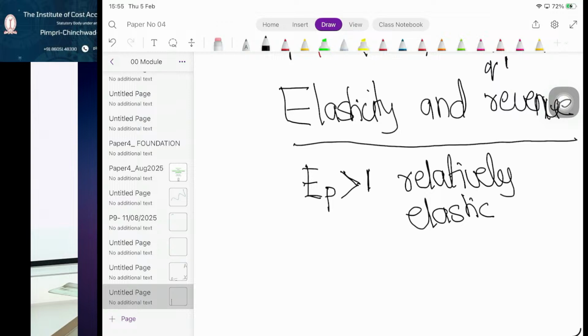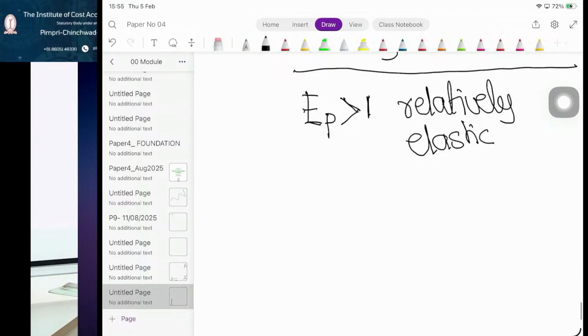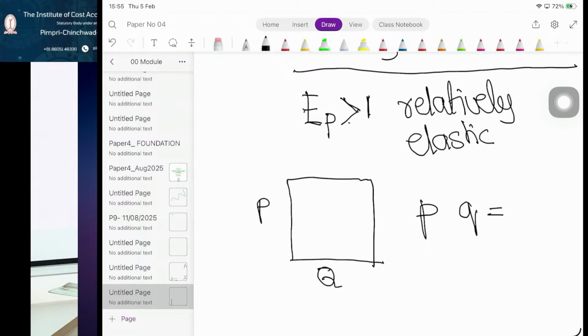Now think of this: this is price and this is quantity. Suppose demand is relatively elastic. You can think of it like this: P into Q is equal to total revenue.